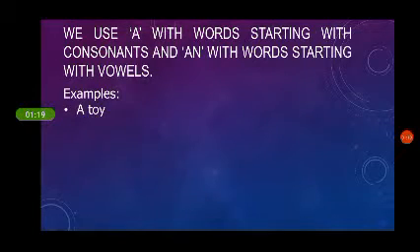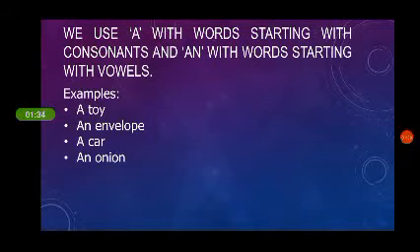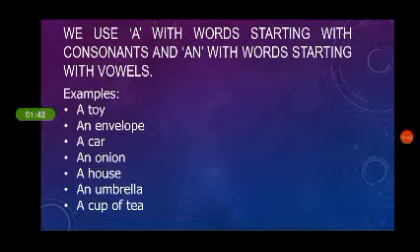The word toy starts with a consonant, so we use a before it. An envelope, a car, an onion, a house, an umbrella, a cup of tea, an ice cream cone, and so on.